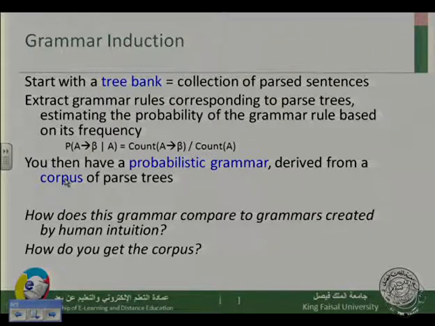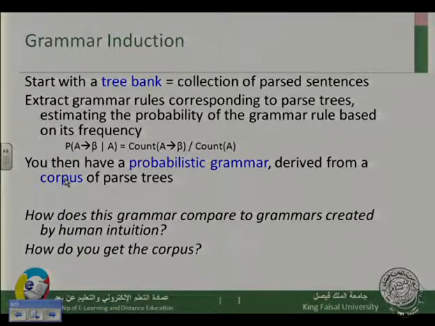After you have a tree bank, try to extract all the grammar rules in it. You feed them into your computer according to their frequency and how probable they are to occur. Very sophisticated and complicated, it needs more knowledge about computer science.